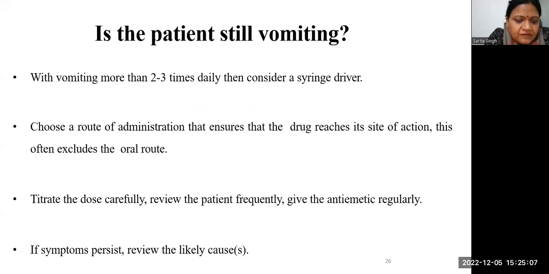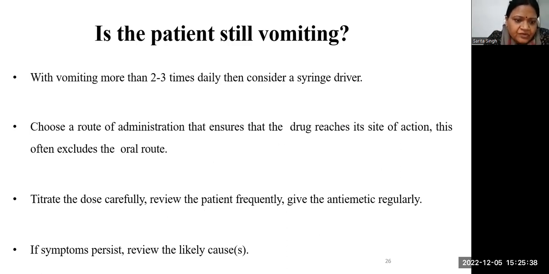Is the patient still vomiting? If you have done a lot of things for the patient, but the patient continues vomiting, what will you do then? With vomiting more than 2-3 times daily, consider a syringe driver. It means if the patient is not able to take drugs orally and vomiting is still going on, then give the drug parenterally.